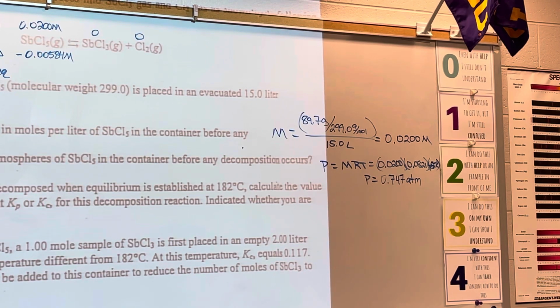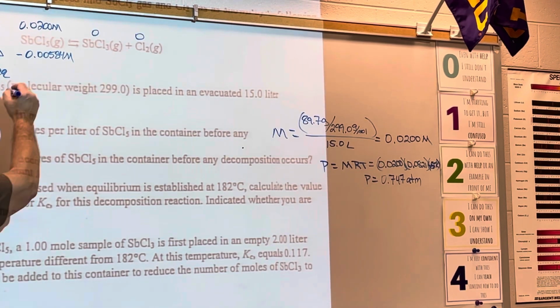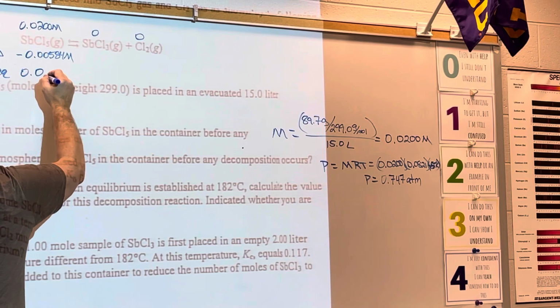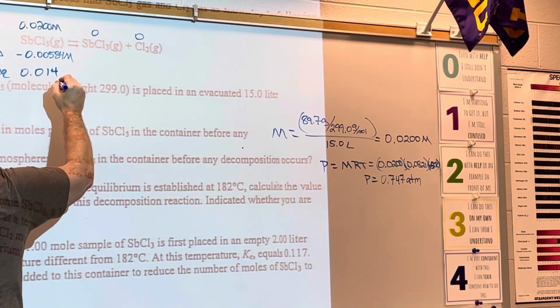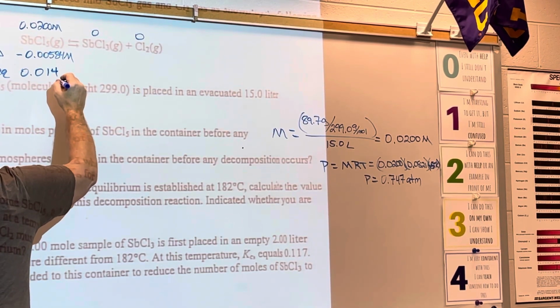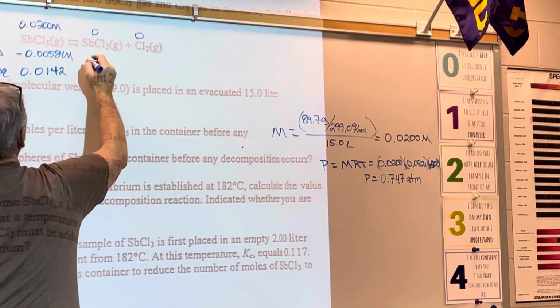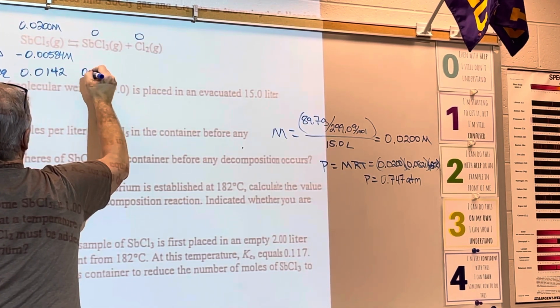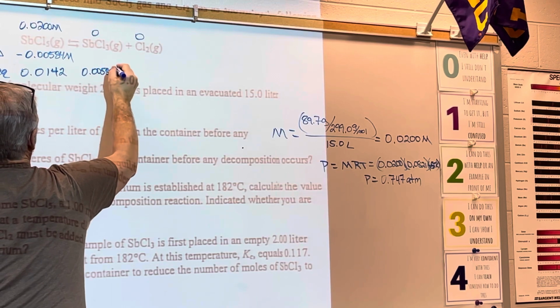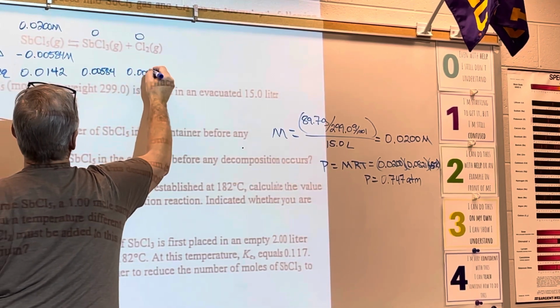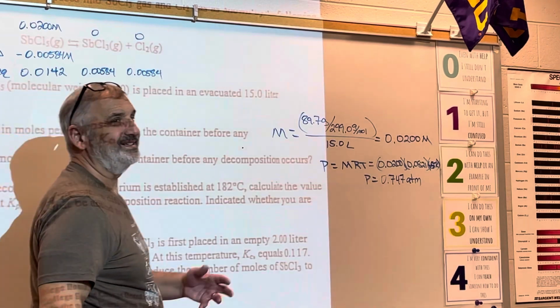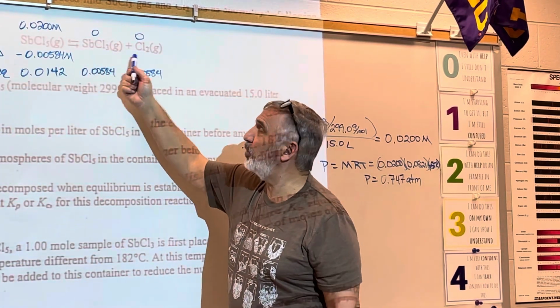Is everybody with me? So when you subtract that out, that turns out to equal 0.01422. Now this is going to be plus 0.00584, and this is plus 0.00584. Look, it starts at 0, it's got to be 1 to 1.